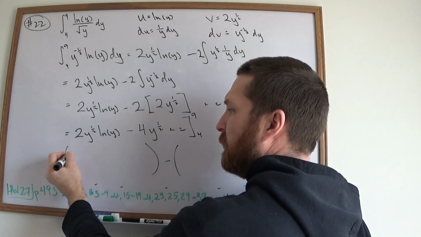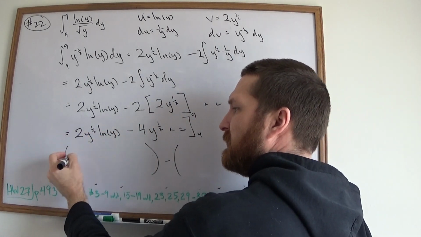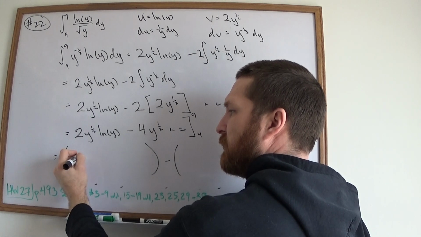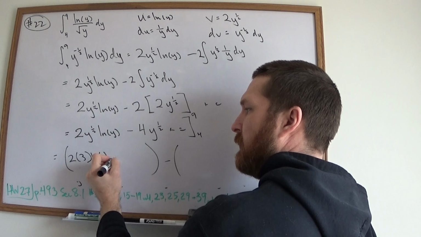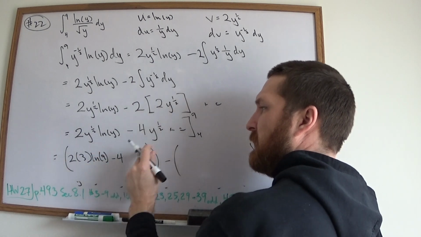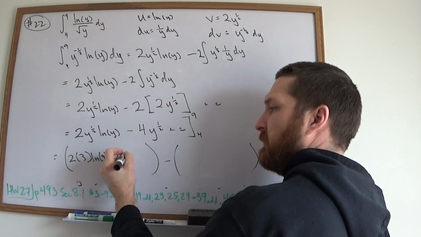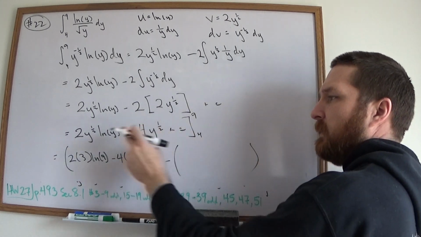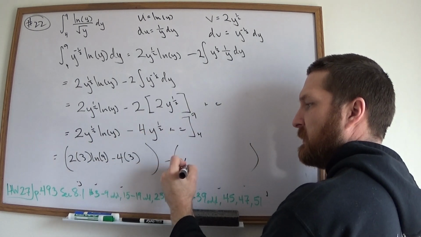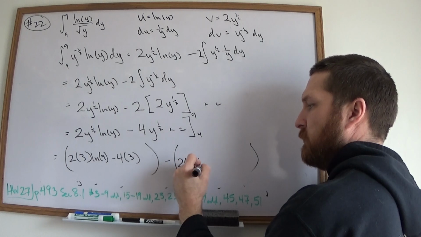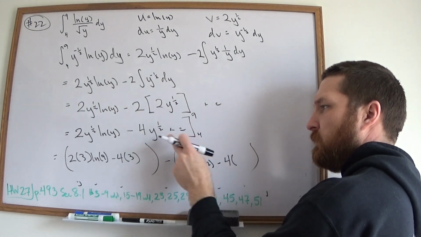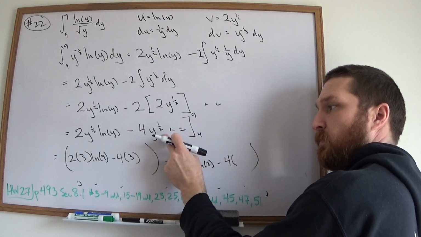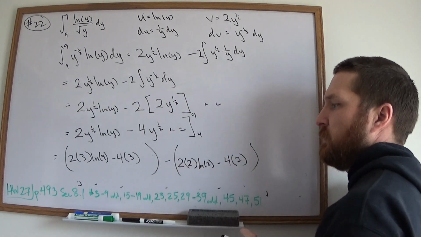Plugging in a 9, we get 2 times 9 to the 1/2, which is 3, log 9, minus 4 times 9 to the 1/2, which is again 3. Plug in a 4. We have 2 times 4 to the 1/2, which is 2, log 2, minus 4 times 4 to the 1/2, which is 2.